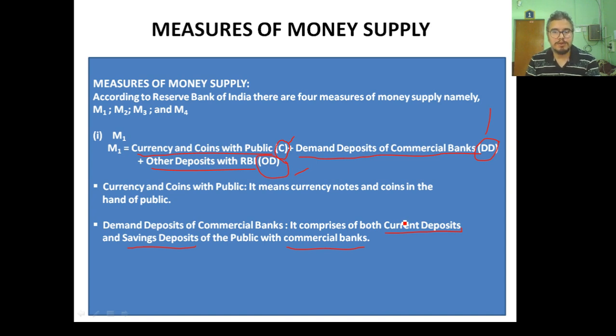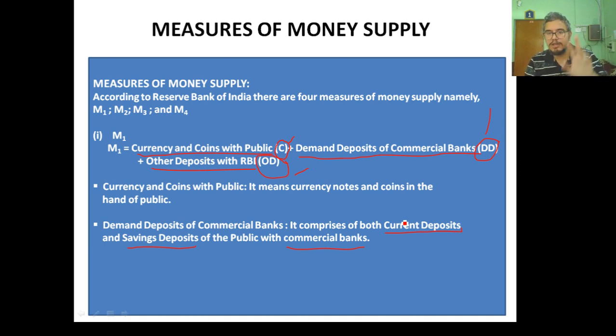But in current deposits, as we see, these are demand deposits. Demand deposits means those kinds of deposits from which you can withdraw your money on your demand, on your need. When you are in need, you can withdraw the money. When you are not in need of money, you can leave the money deposited in your account.